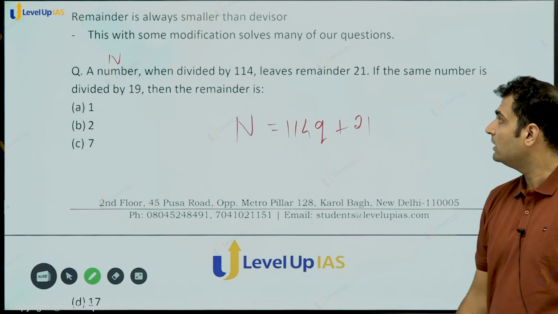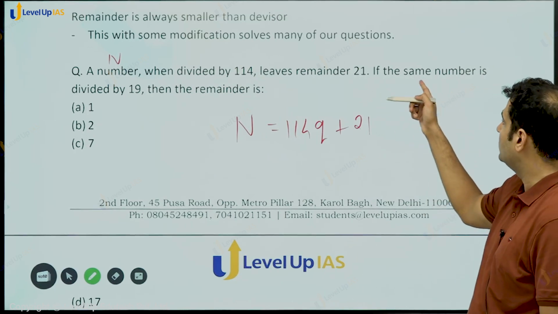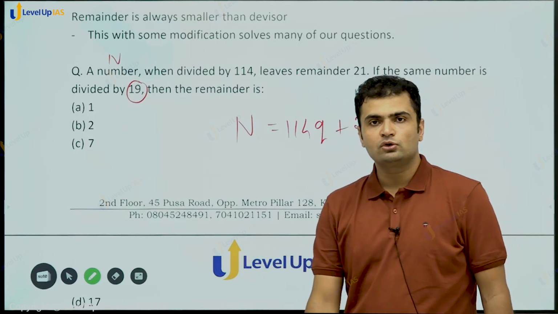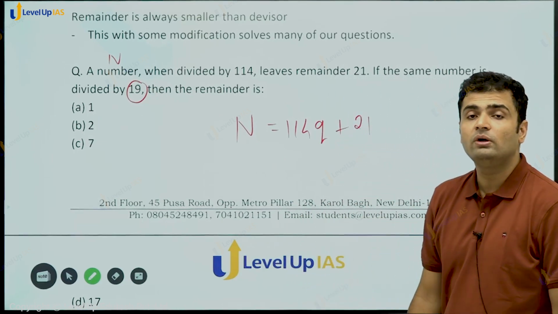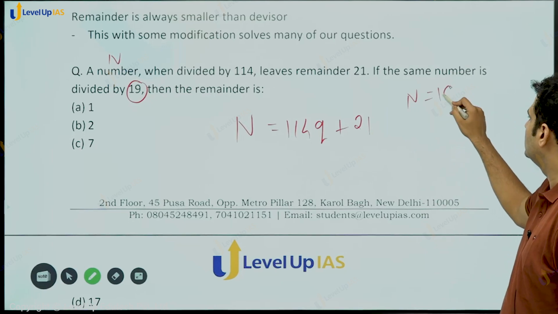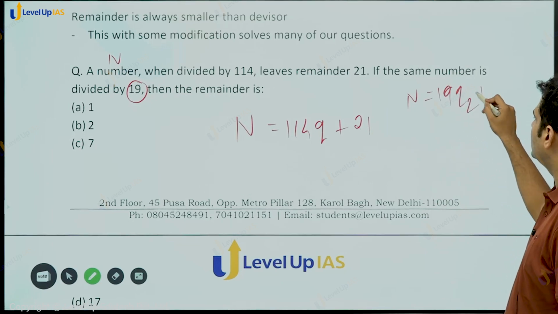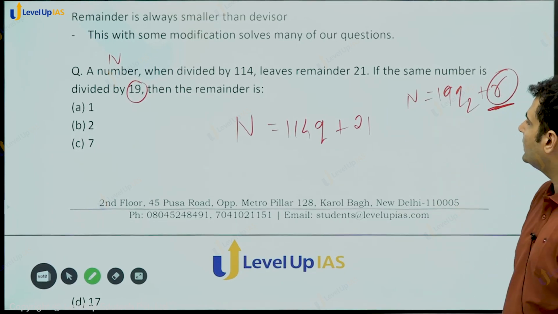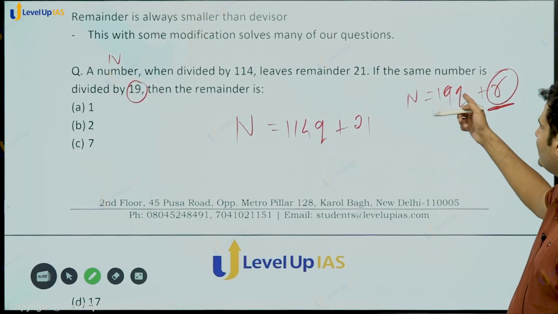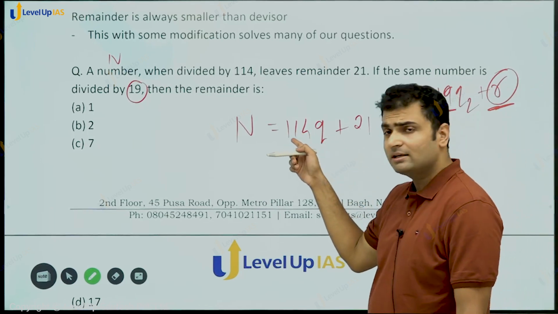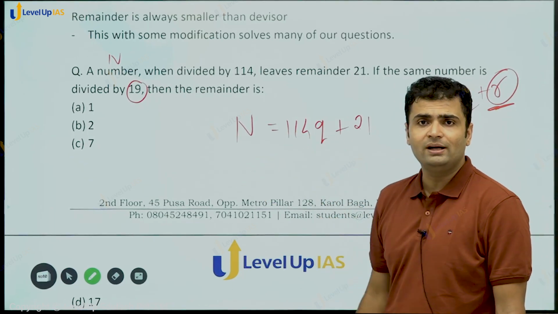Now what do we want? We want to find out the remainder when it is divided by 19. So we have to change the divisor. We want to divide this number by 19. So we need to write n as 19 into some other quotient plus remainder, and this remainder is what they have asked. They have given us this, and we have to go towards 19 into something. So let us try to convert this 114 into 19.